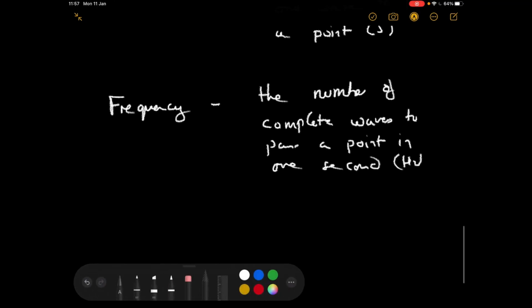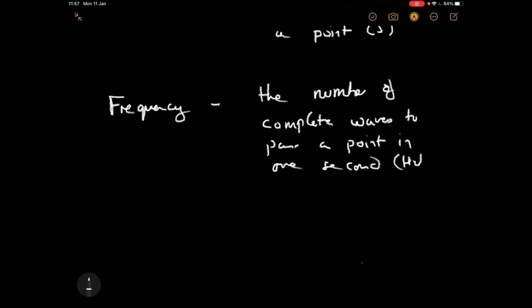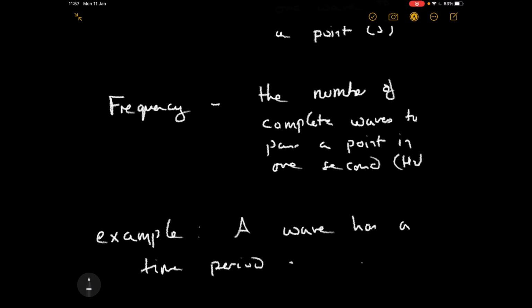Because let's imagine that we measure the time period of a wave and we find that it's 0.2 seconds. So a wave has a time period of 0.2 seconds.